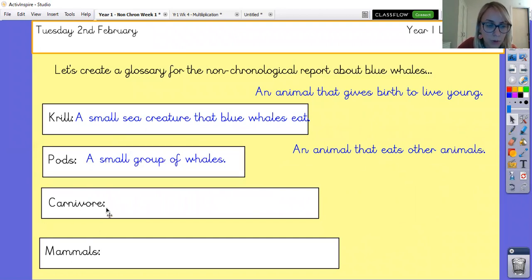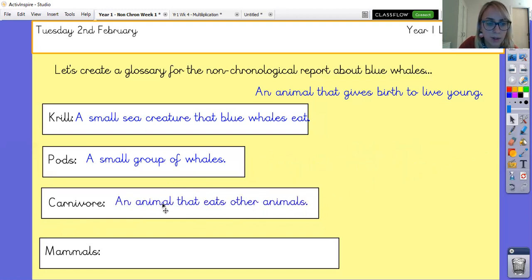Okay, carnivore. Ooh, carnivore, a mammal. Now, I know that a carnivore is an animal that eats other animals. So I'm going to move that one here. A carnivore is an animal that eats other animals. So a blue whale is a carnivore because it eats krill, okay? It's a living animal that it eats.